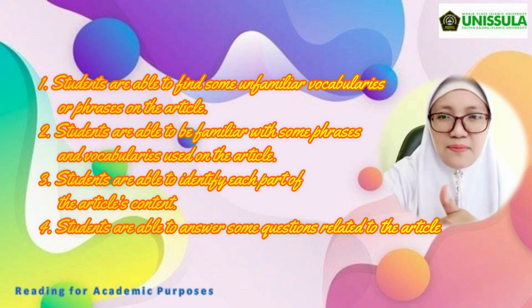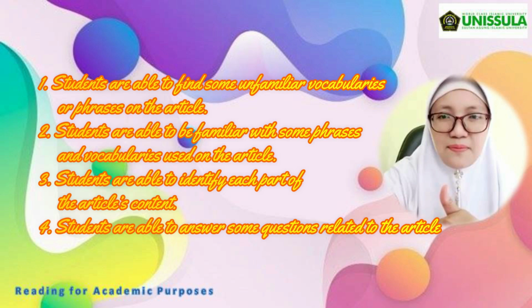Secondly, students are able to be familiar with some phrases and vocabularies used in the article. Thirdly, students are able to identify each part of the article's content. And fourth, students are able to answer some questions related to the article.